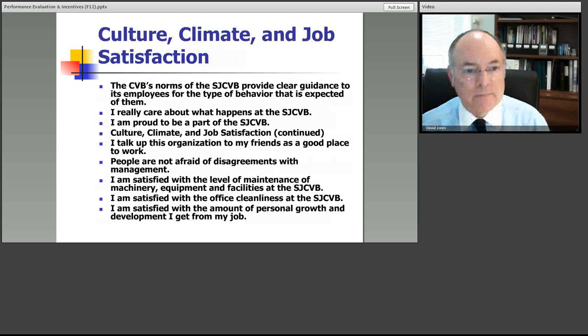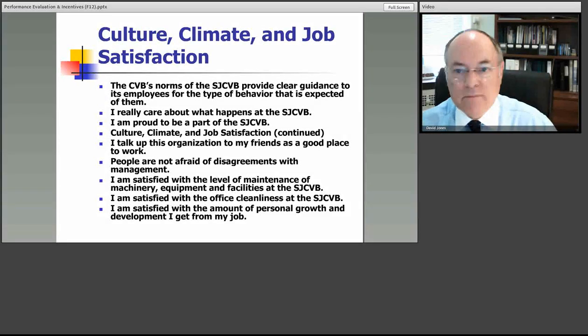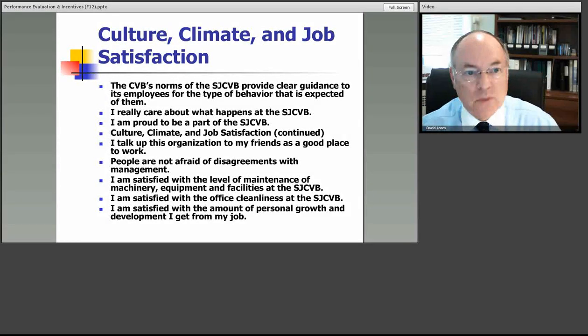Here's another: culture, climate, job satisfaction. Remember, these are the things we talked about, why people leave. So we looked at the norms. Do they really care what happens? Are they proud of it? What's the climate? And the idea is that they had color codes on this. Let's say the first year that you did it, maybe you were in the yellow area.